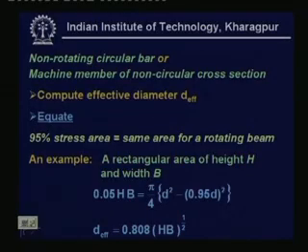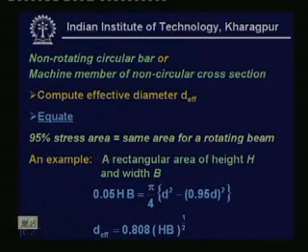For a non-rotating circular bar or a machine member of non-circular cross section, one has to compute an effective diameter called d effective. Now, what is the idea of computing this effective diameter?